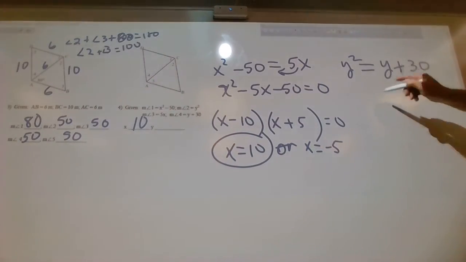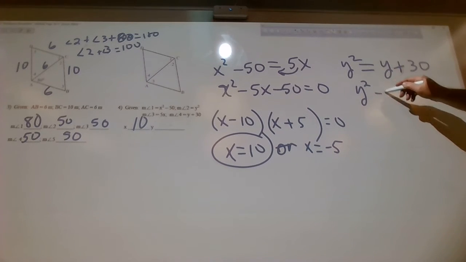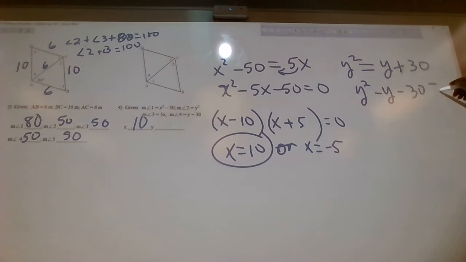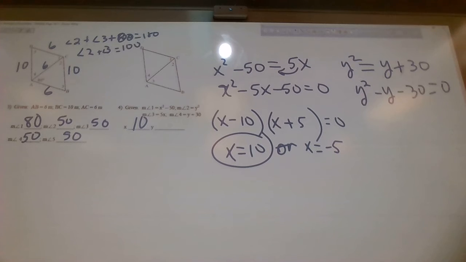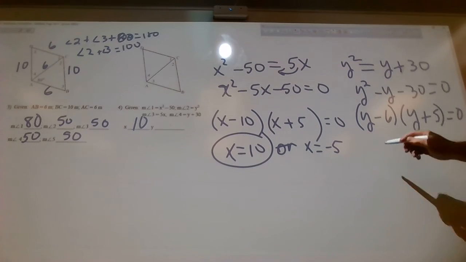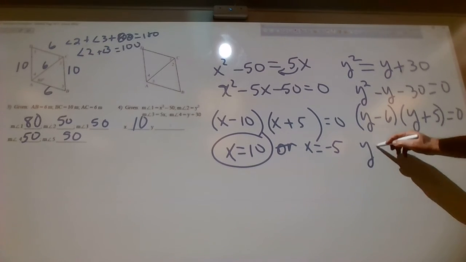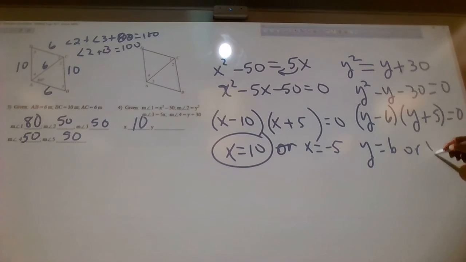All right, other one. So we have y squared minus y minus 30 equals 0. Subtract y, subtract 30. That's what you get there. 30, let's see. 6 times 5 is 30. 6 minus 5 is 1. So we have y minus 6 and y plus 5 equals 0. So then you would say that y equals 6 or y equals -5.